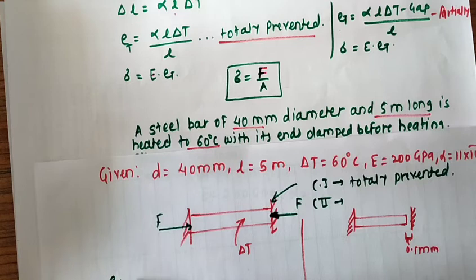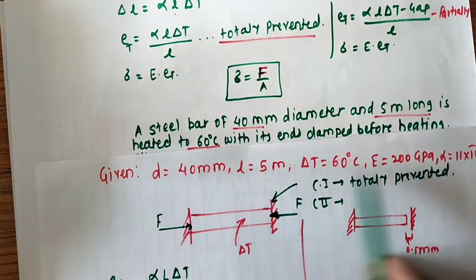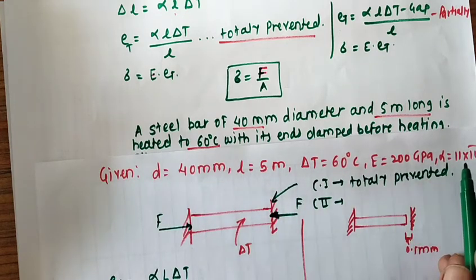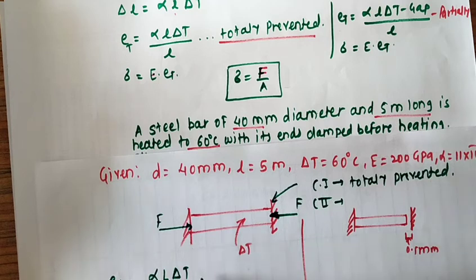Thermal strain is equal to, we know the formula, alpha L delta T upon L. This is your length prevented upon L. As we know all these values, that is alpha is known, then L is known and delta T is known. Everything is known. So we can put in values here and we get the answer.